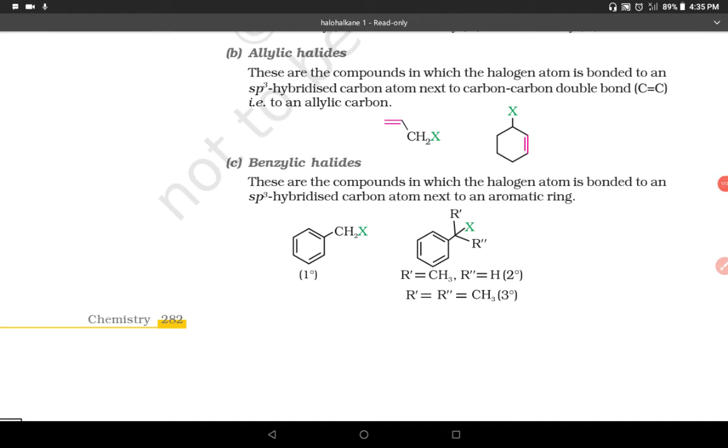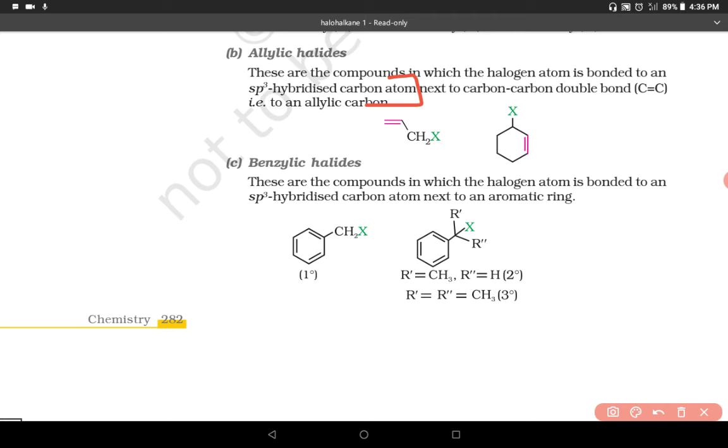I will continue from allylic halides. These are the compounds in which the halogen atom is bonded to an sp3 hybridized carbon atom next to a carbon-carbon double bond.